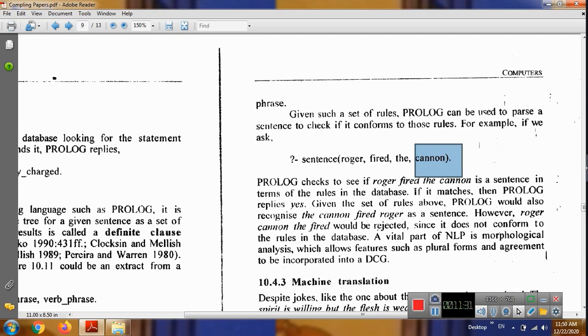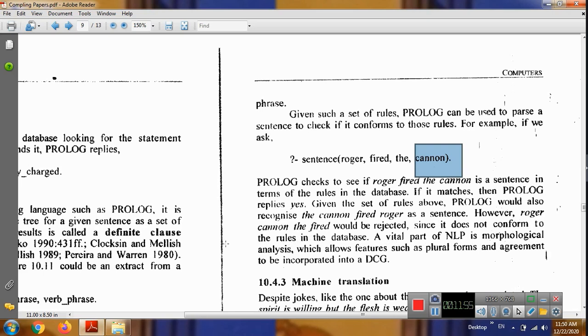If it matches, then Prolog replies yes. Given the set of rules above, Prolog would also recognize "the cannon fired Roger" as a sentence. However, "Roger cannon the fire" would be rejected, since it does not conform to the rules in the database.